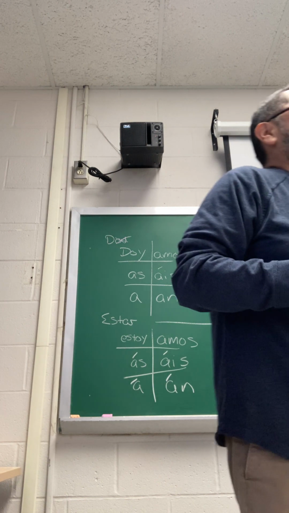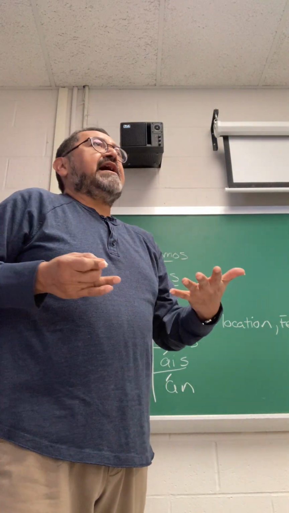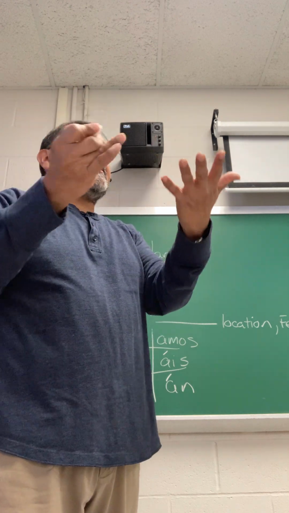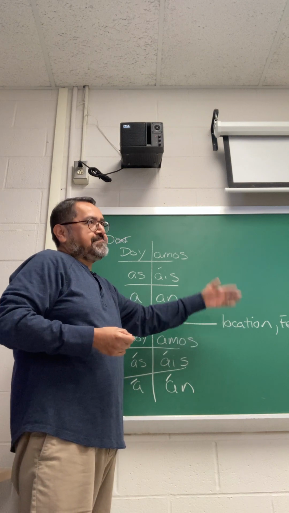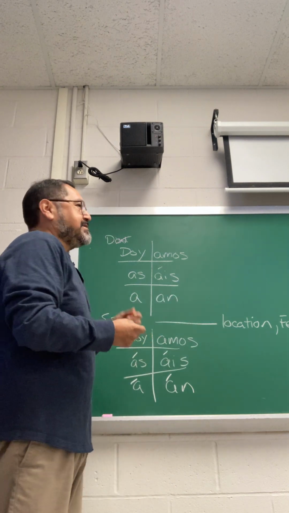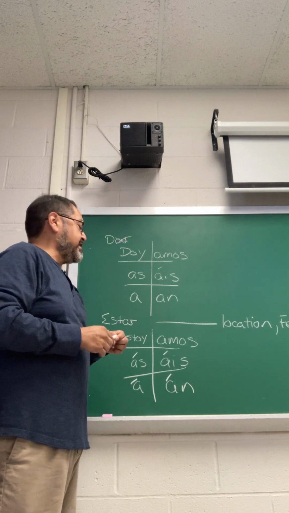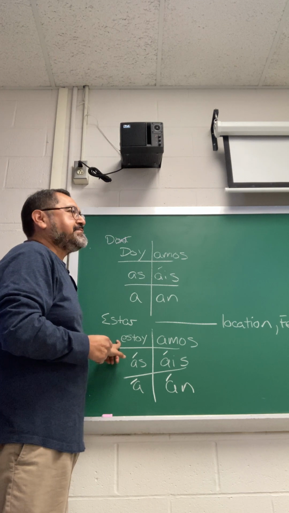We use it as a possessive, okay? El libro es de Michaela. So, with estar, location and feelings, okay? Now, in Español dos, we do more with ser and estar. But for now, the yo form of estar is estoy, okay?